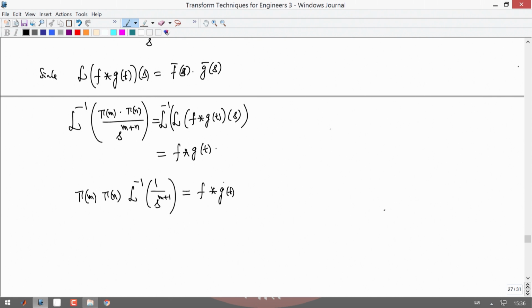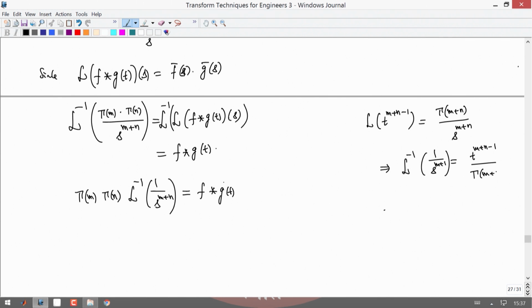We are using the same result, that the Laplace transform of t power m plus n minus 1 is equal to gamma of m plus n divided by s power m plus n. So, this implies the Laplace inversion of 1 by s power m plus n is t power m plus n minus 1 divided by gamma m plus n.